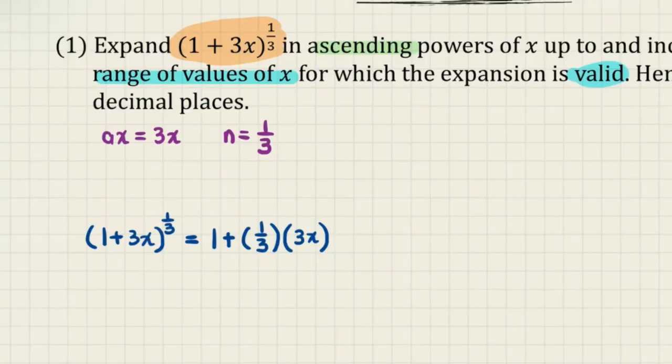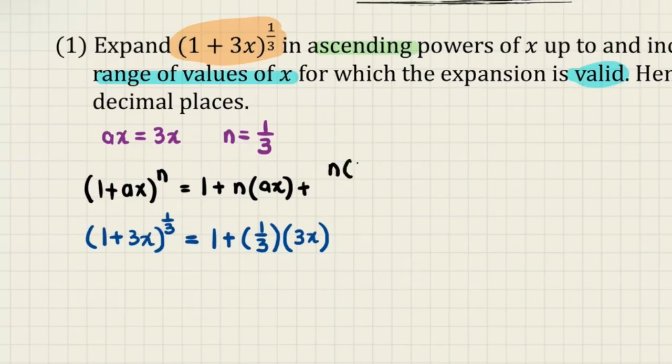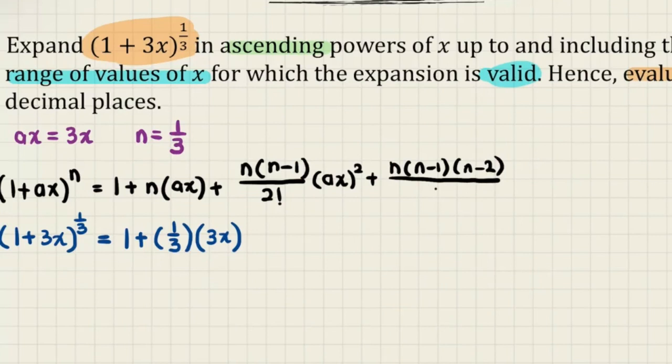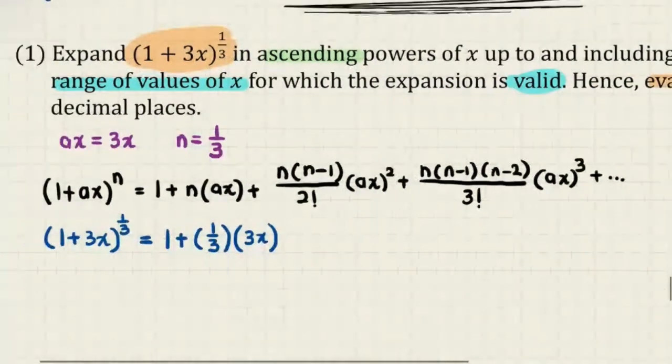Now, so the formula for the expression is 1 plus AX to the power of N equals to 1 plus N darab dengan AX plus N darab dengan N minus 1 over 2 factorial of AX squared plus N minus 1, N minus 2. So kita ada 3 benda. So here will be 3 factorial of AX cube plus dot dot dot. Okay, so ini dia punya formula.